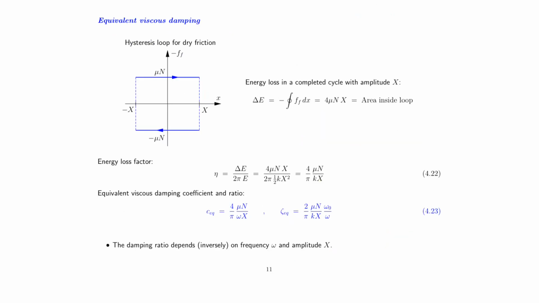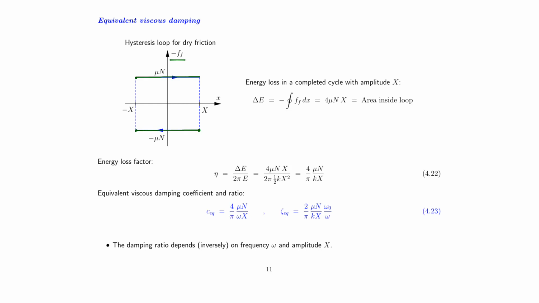The hysteresis loop for friction is extremely easy to draw, because for positive velocity, going from minimum to maximum, we'll have that mu N, or Ff, is equal to minus mu N, but since we plot the negative damping force, we'll have a positive value in the hysteresis loop. And from the maximum down to the minimum, we'll have the same forcing amplitude, just with opposite sign.